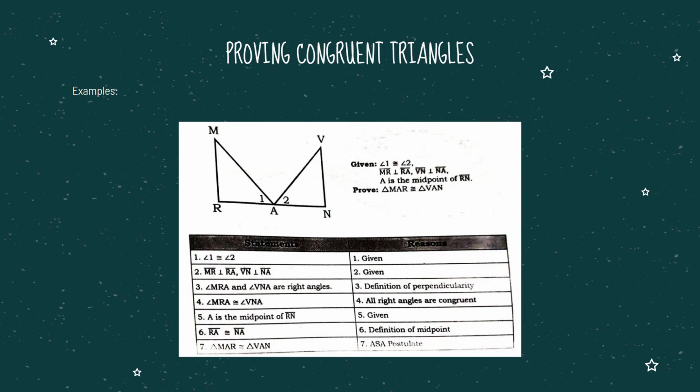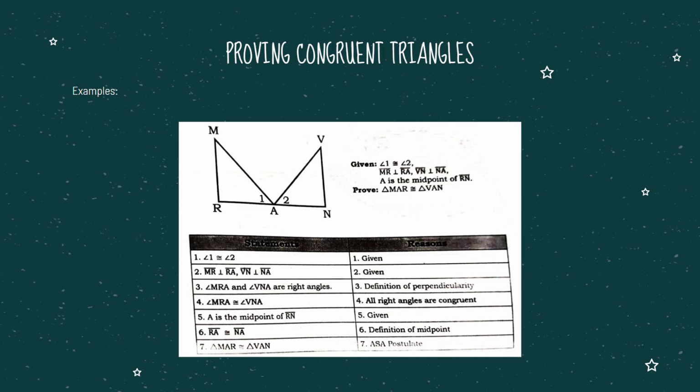Number 3, angle MRA and angle VNA are right angles, for the reason that it's the definition of perpendicularity. Number 4, angle MRA is congruent to angle VNA, for the reason that all right angles are congruent. Number 5, A is the midpoint of RN, for the reason that it is the given.